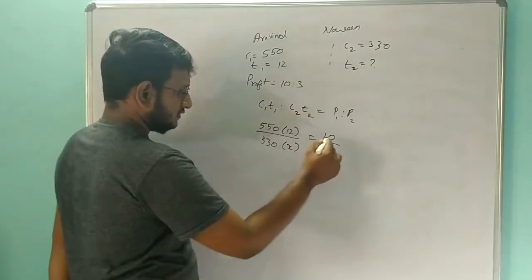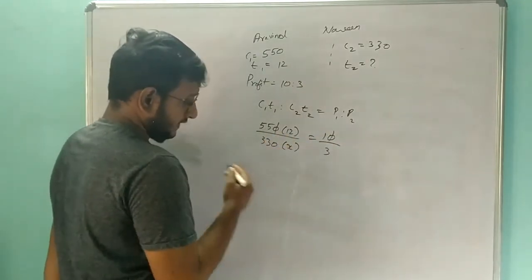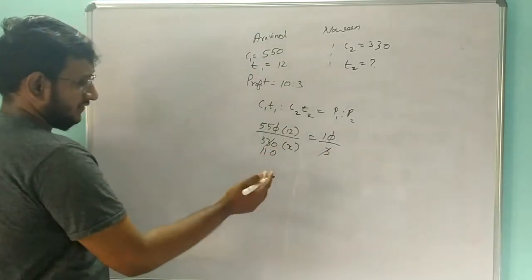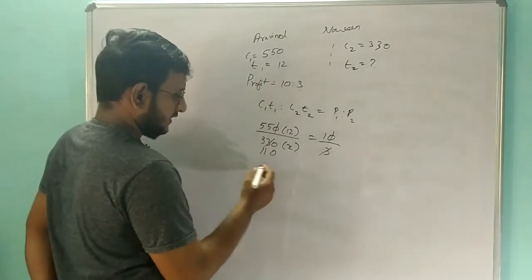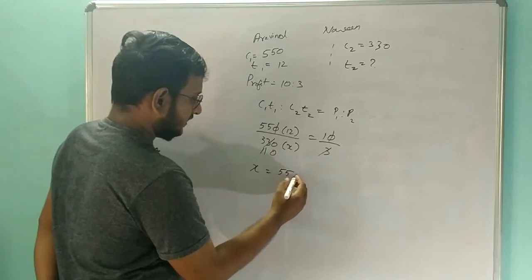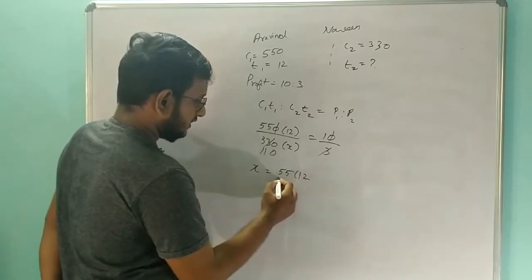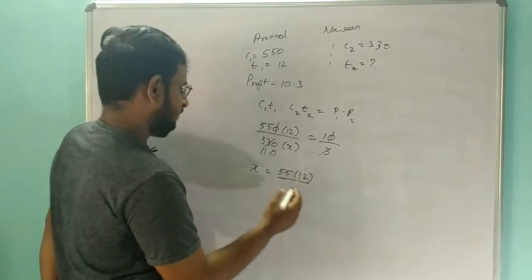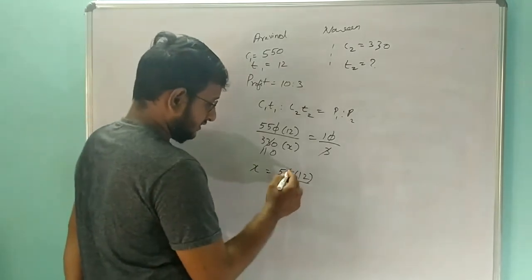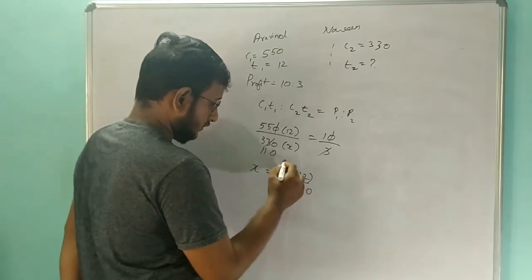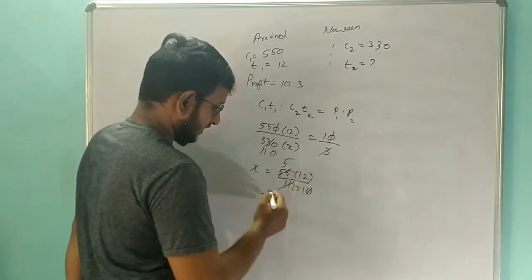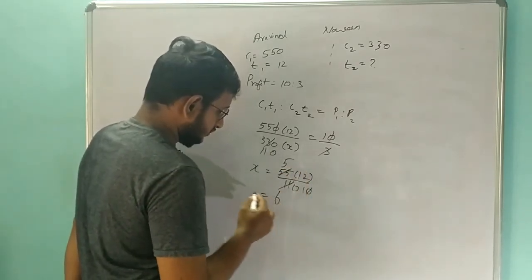We can cancel the 0s, then we can cancel 3 11s. So we have 110 over here. So x is equal to 55 into 12 divided by 110. Again we can cancel 11, we have 10, so 11 5s are 55, then 5 into 12 is 60, and we can cancel, so x is equal to 6.